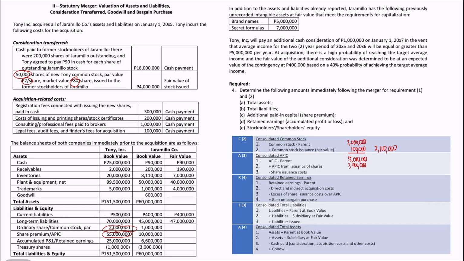Again, this is computed as 80 minus 2 times 50,000. Share issuance cost amounts to 300,000 plus 200,000, 500,000. The consolidated APIC is 58,400,000.